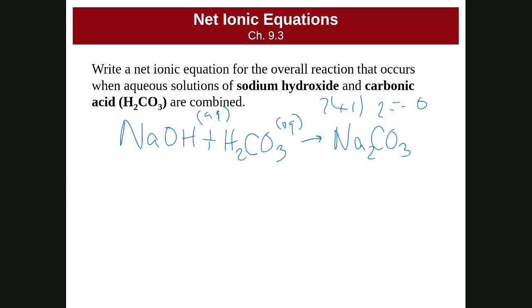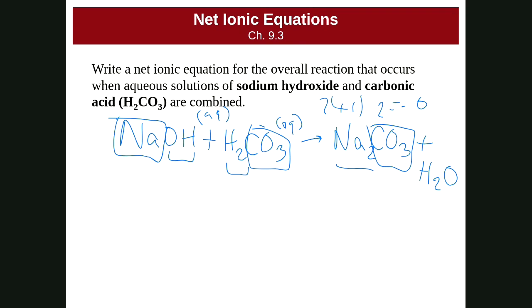All right, and what else are we going to have? We had hydroxide with our sodium, and we had proton with our carbonate. So we're going to have water. All right, now are we balanced? We have 1 carbonate ion on the right and 1 carbonate ion on the left, so that's good. We have 1 sodium on the left, but 2 on the right, so we need 2 on the left to balance that out.